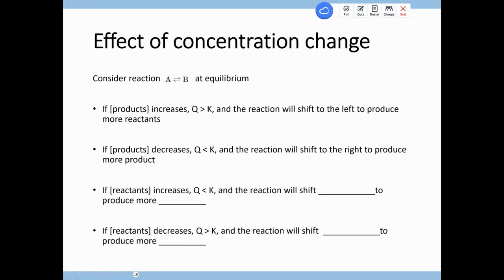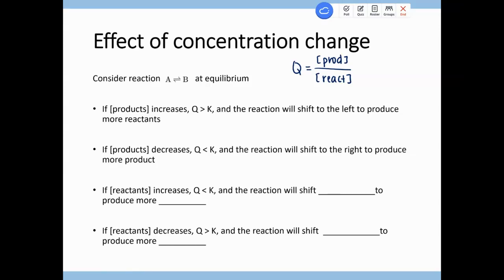You're increasing the concentration of product, which means that Q at that moment, which is concentration of product over reactant, has now increased, so the reaction will shift to the left to reestablish equilibrium, to then produce more reactant so that the product to reactant ratio will be equal to K.